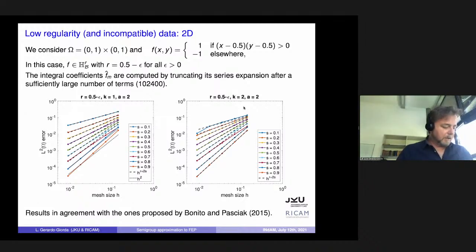Indeed, when S is smaller than (2 minus r) divided by 2, so when S is smaller than 0.75, the error decay is essentially controlled by the quadrature approximation, while when S is larger than this value, so for instance S equals 0.8 and 0.9, the bound from the finite elements is actually becoming dominant. There is also a value for which it seems to be a little bit better, but we still need a little bit more investigation on that.